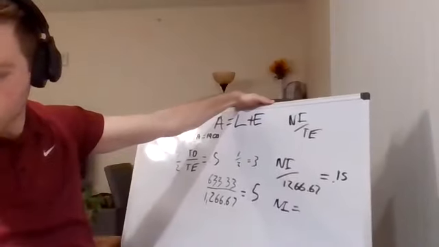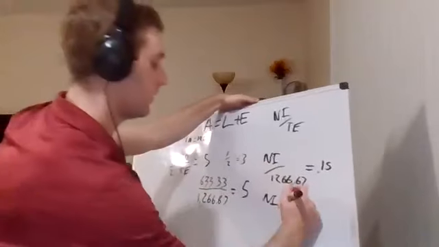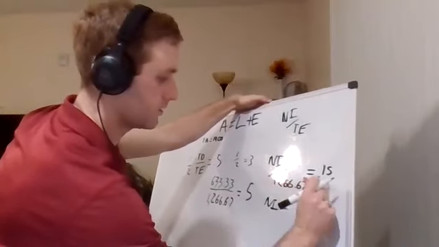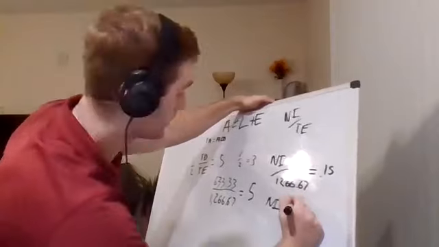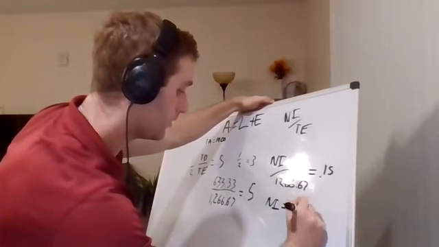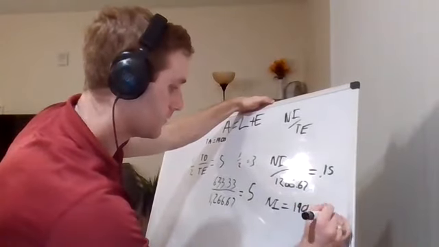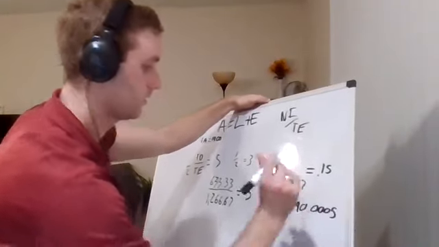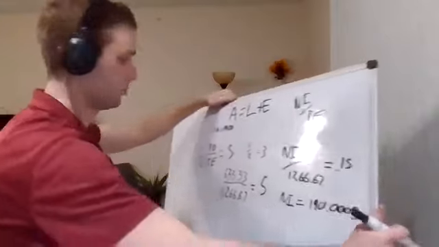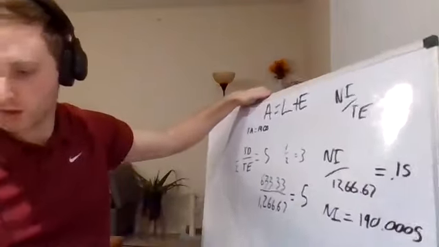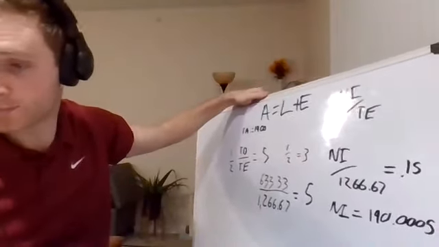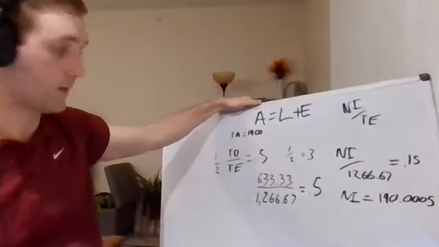NI equals 1,266.67 times 0.15, because we have to make it a percent, which gives about 190.0005. I'm pretty sure my answer is closer than what I got when I did it his way. So that's how I did it.